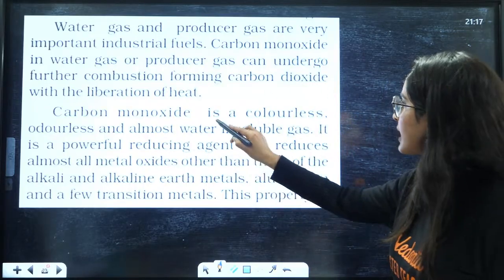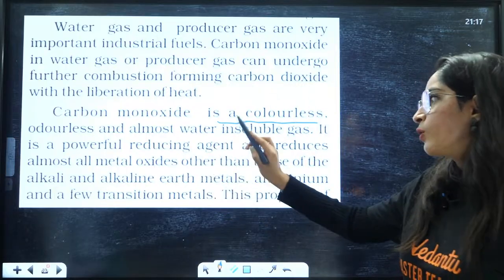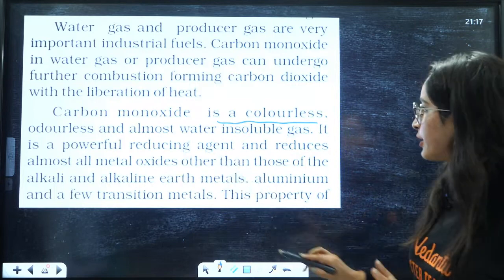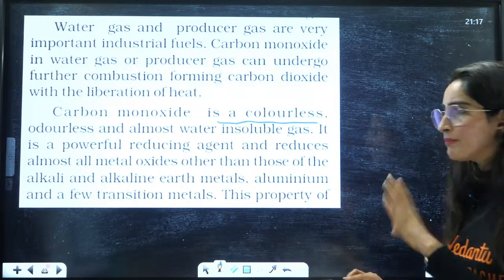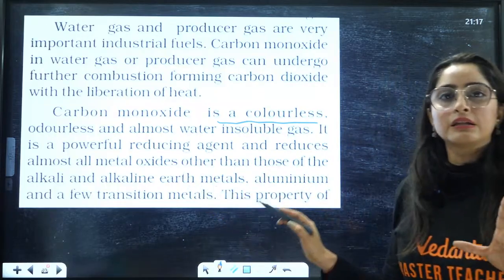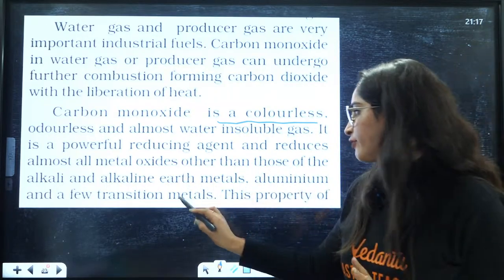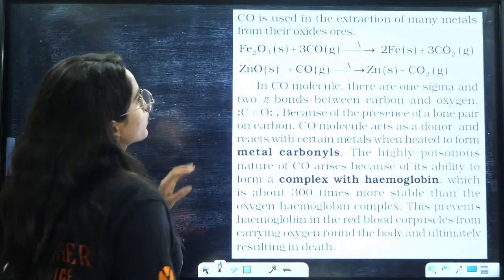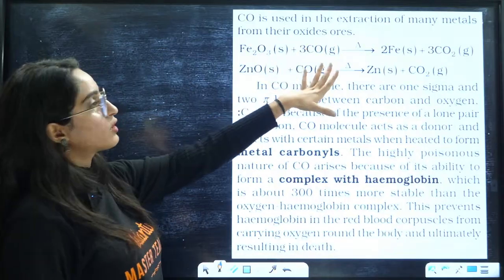Right? Carbon monoxide is a colorless, odorless, and almost water insoluble gas. Very toxic. It is a reducing agent, reducing almost all metal oxides other than those of alkali and alkaline earth metals, aluminium and a few transition metals. This property of carbon monoxide is used in extraction of metals from their oxide ores.